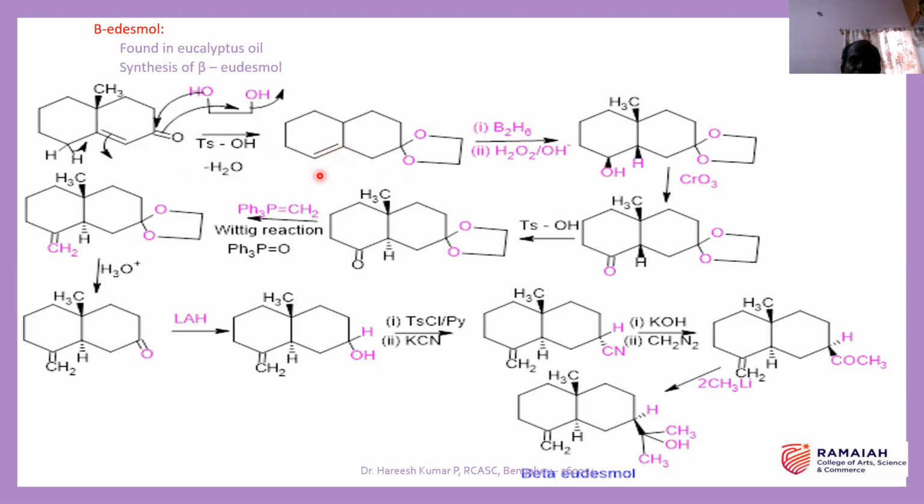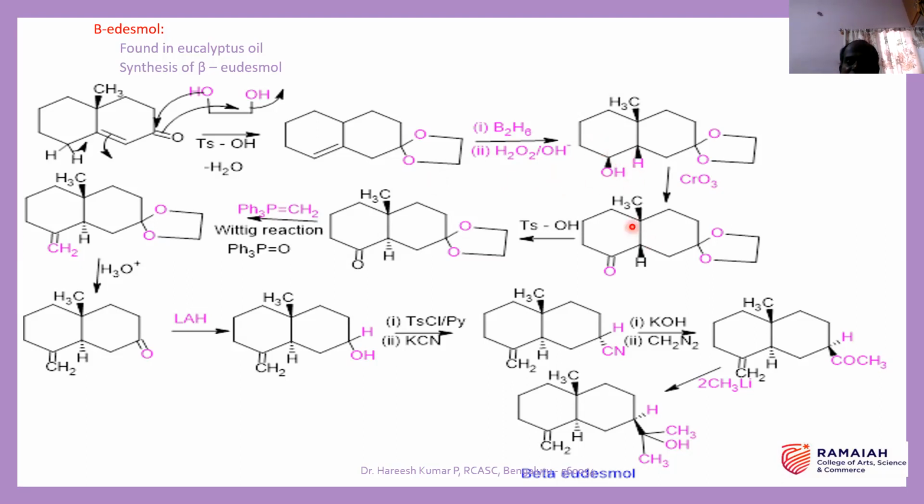One more thing to remember: that boron, when treated with the oxidizing agent hydrogen peroxide with sodium hydroxide, BH2 is replaced with OH. That is how an OH is obtained on this carbon atom.